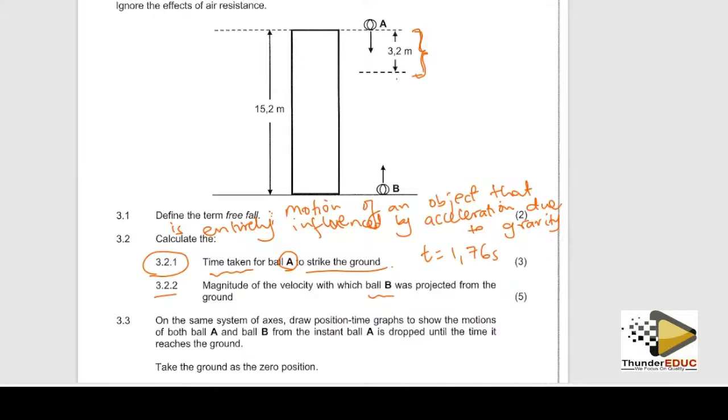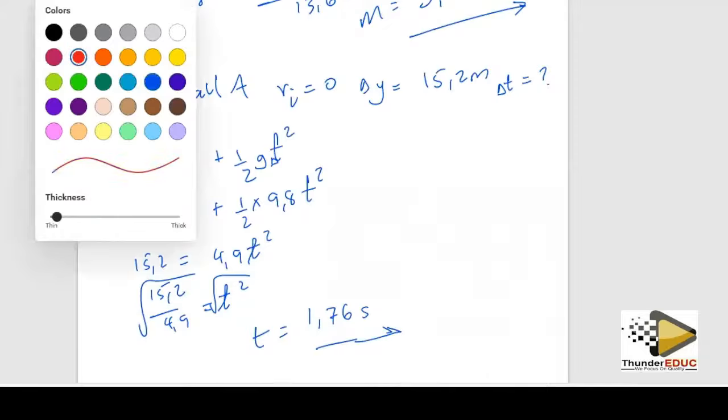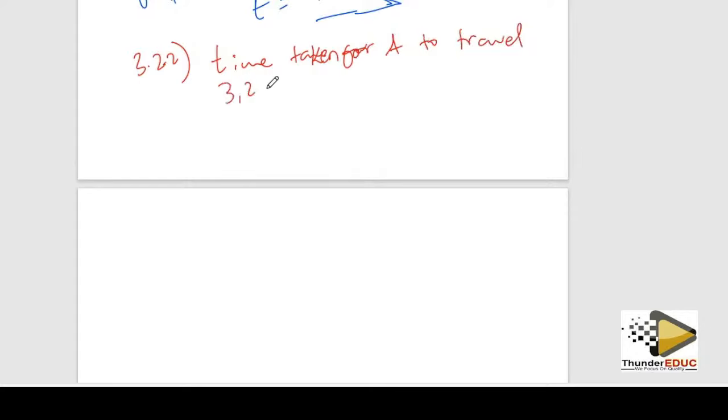So I'll say this is 3.2.2. Time taken for A to travel 3.2 meters.